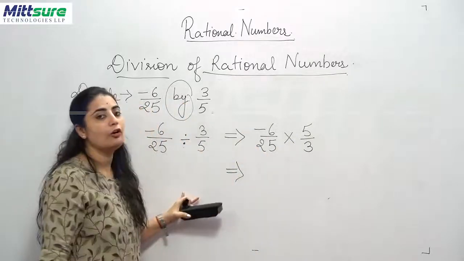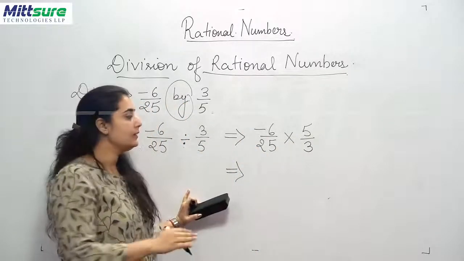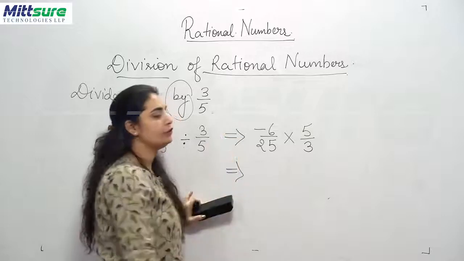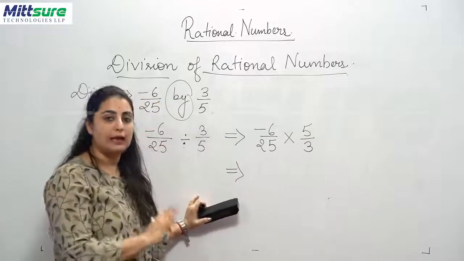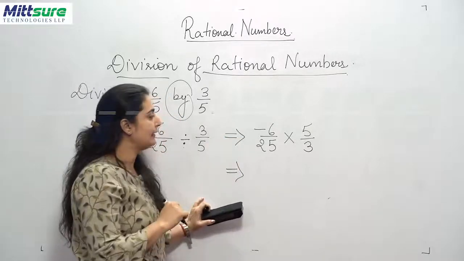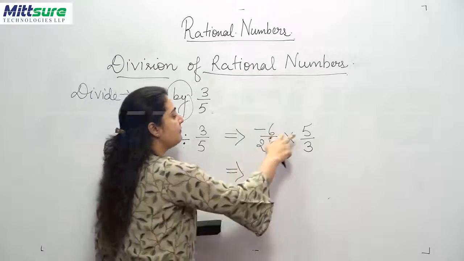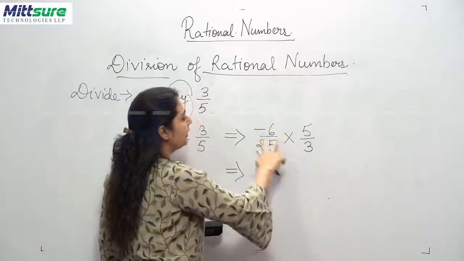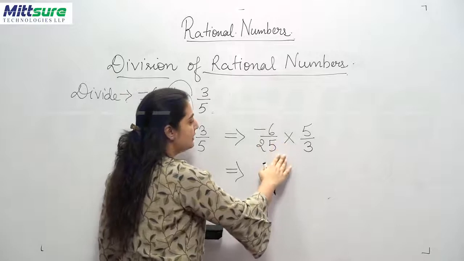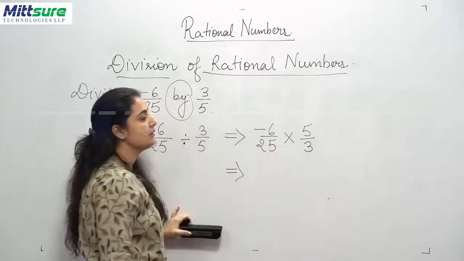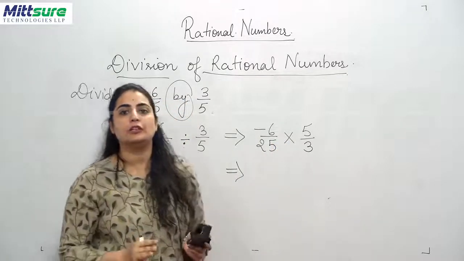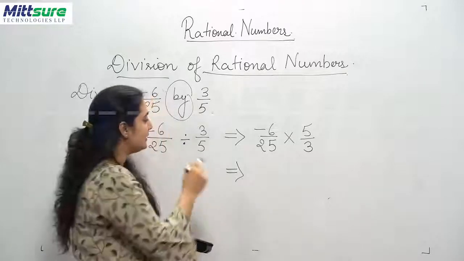Now here, when we talk of division, there is direct cancellation of the numbers which can be done. What do you mean by direct cancellation? You have to see whether any of the numerators or denominators in the two rational numbers are multiples of each other or not. So let's see.